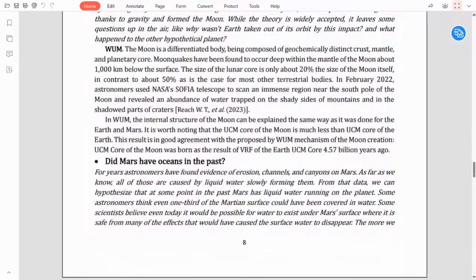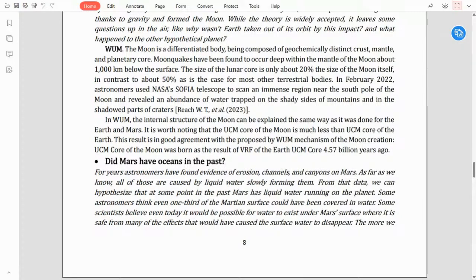In our model, the moon is a differentiated body composed of geochemically distinct crust, mantle, and planetary core. Moonquakes have been found to occur deep within the mantle of the moon, about 1,000 kilometers below the surface.